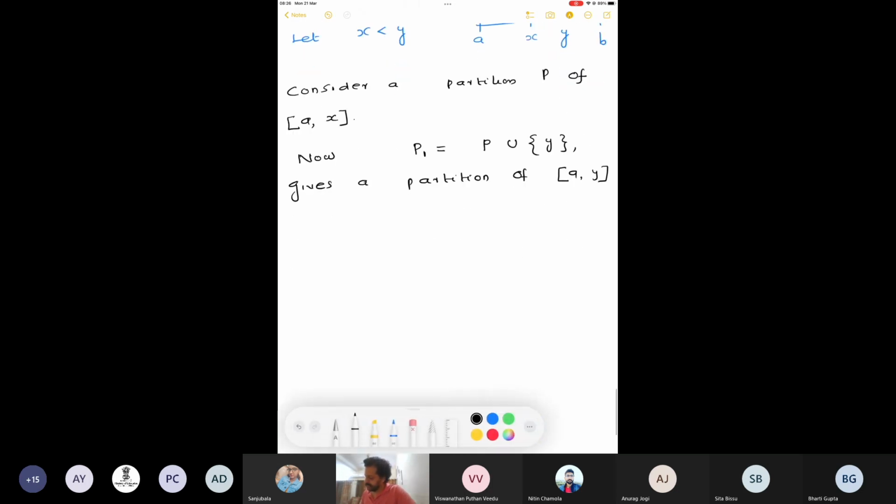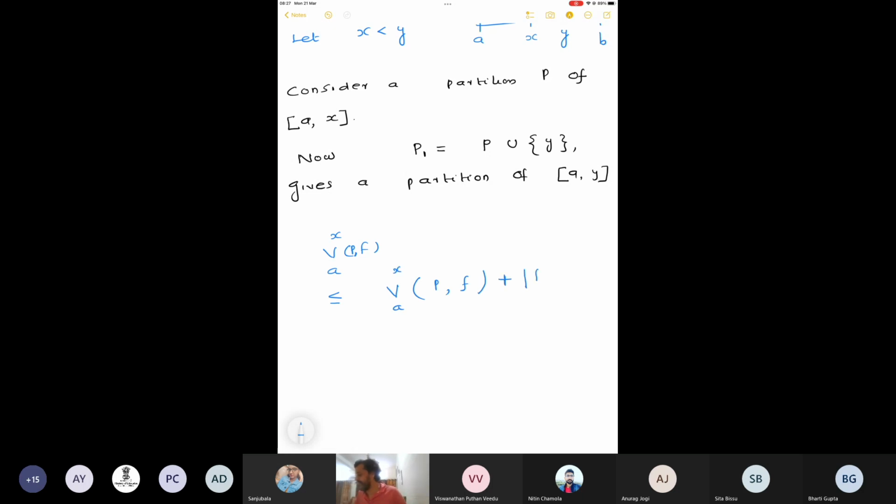Okay. Now, variation of F over the interval AX is less than or equal to variation corresponding to partition P, which is less than or equal to variation of F corresponding to partition P over AX plus I am adding a non-negative term.